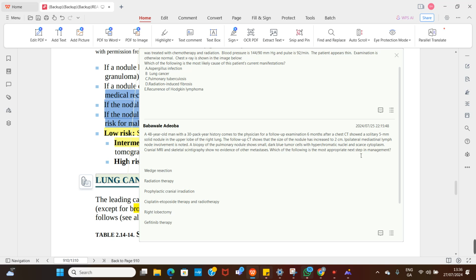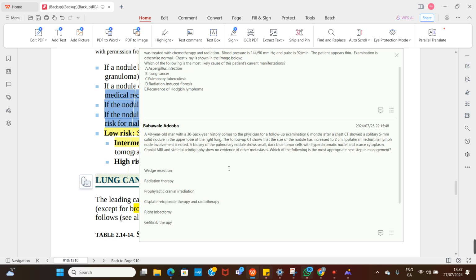Yes, this is a small cell carcinoma because of the small dark blue tumor cells and the fact that this person is a smoker.